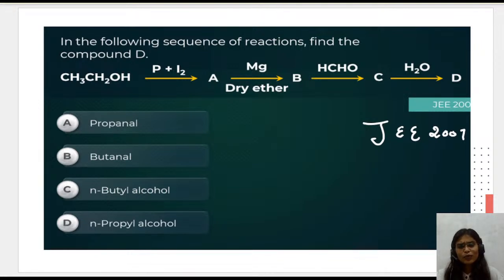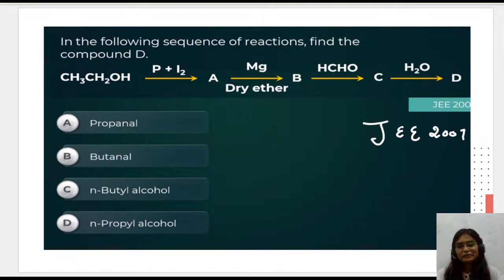Please, everyone respond. What will be the correct answer for this question? Okay, Hasio. Alcohol. So C and D both are alcohol then.